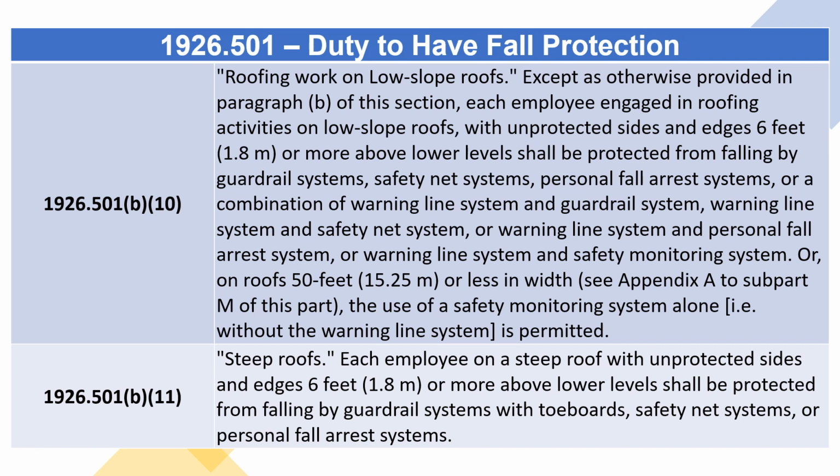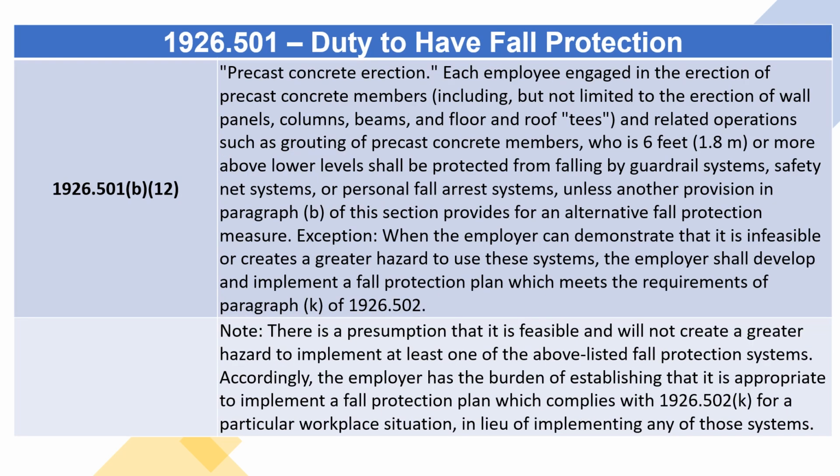1926.501(b)(11). Steep roofs. Each employee on a steep roof with unprotected sides and edges 6 feet (1.8 meters) or more above lower levels shall be protected from falling by guardrail systems with toe boards, safety net systems, or personal fall arrest systems. 1926.501(b)(12). Precast concrete erection.